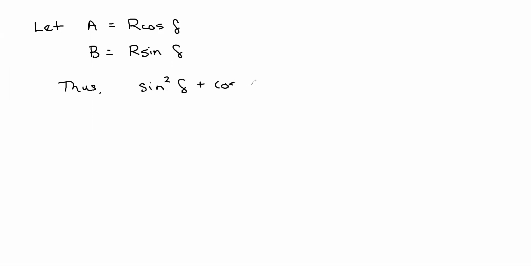So we're going to let A equal R cosine delta, and then we're going to let B equal R sine delta. If you combine this, we have sine squared delta plus cosine squared delta equals 1.